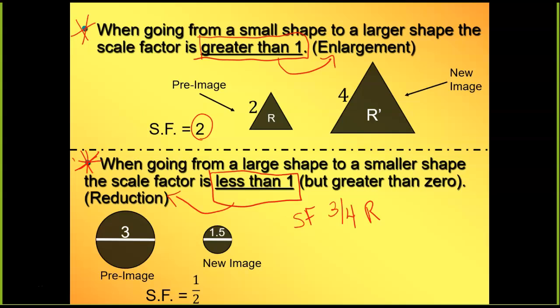It's less than 1, you're right. What about if I told you my scale factor was 90%? What is 90% as a decimal? 0.9 or 0.90. So that's less than 1. It is a reduction. Anything over 100% would be an enlargement.